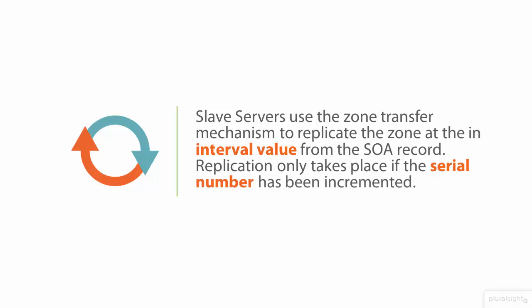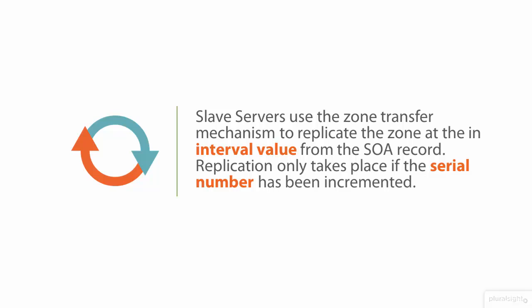When we configure our slave server, we're going to set the named.conf on the slave server with the zone information. But instead of having type master, it's going to be type slave. We then have to specify the masters that it's going to synchronize with. And as we said before, those masters could actually be other secondary servers.